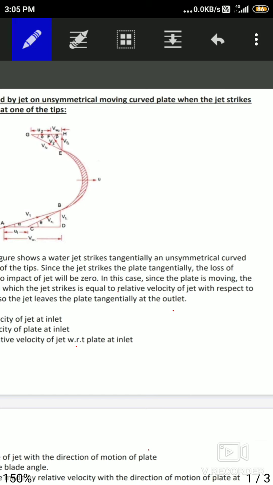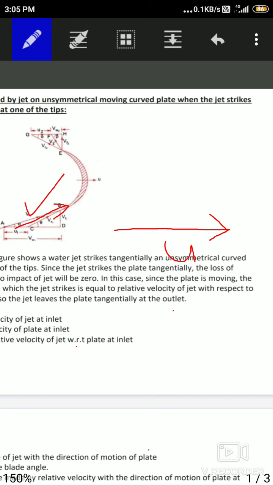The direction of velocity of the chord plate is this. So we can represent that. That means that U can be represented like this. This is U. Then here the velocity of jet is like this.